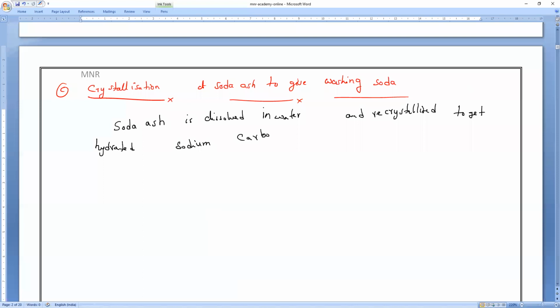So soda ash is hydrated or unhydrated? Unhydrated. Okay. So washing soda, that is what we can make.